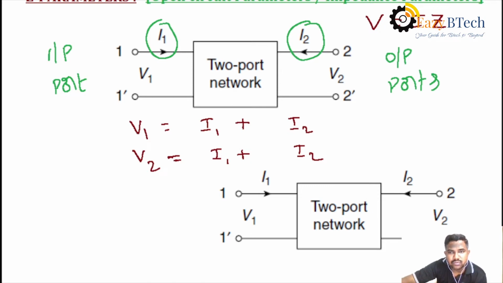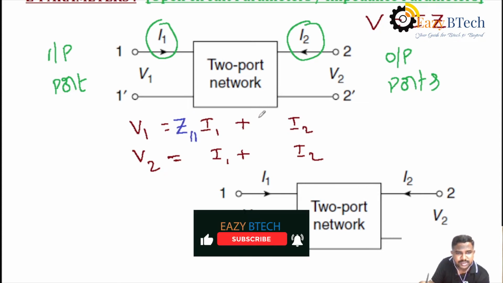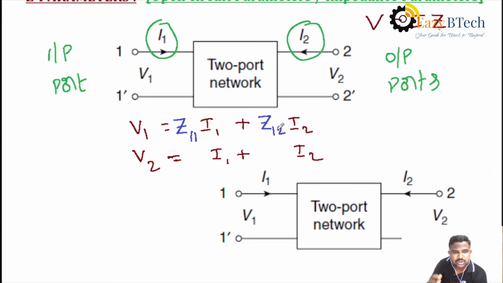Then how to find out the Z parameters? From V equal to IZ combinations, the first parameter is called Z11, the first row, first element. Similarly, the second one is called Z12, first row, second element. And from the V2 side, we have Z21, and similarly, the last element is called Z22.